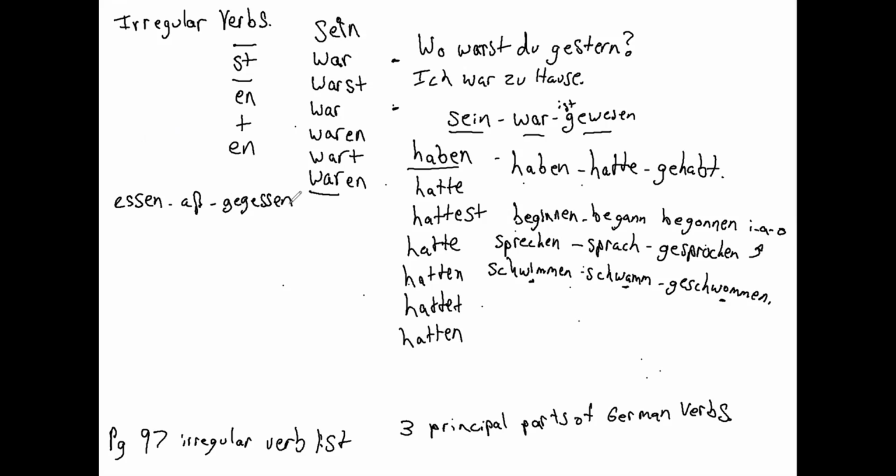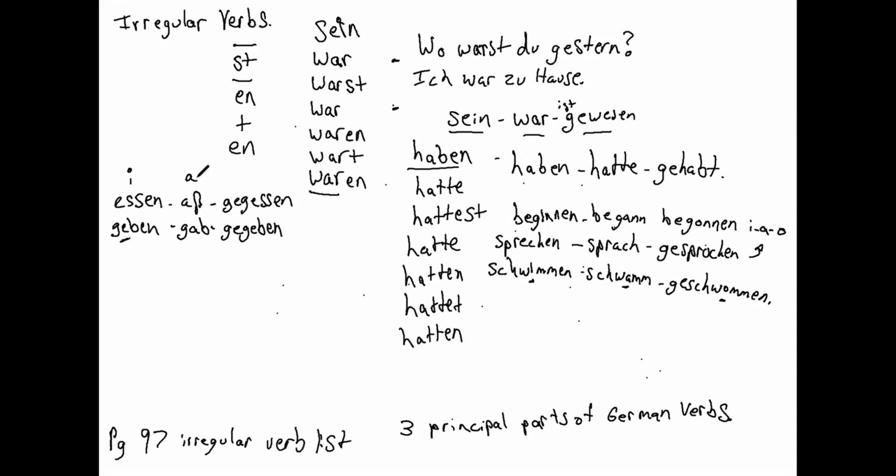And then we also have another one that does geben, gab, gegeben. Geben, gab, gegeben. So basically what happened was we have an E in the original one, and this E changes to an I whenever it's in the present tense.